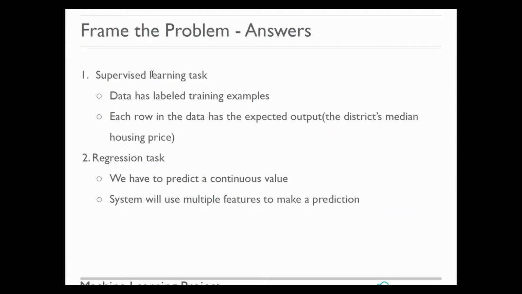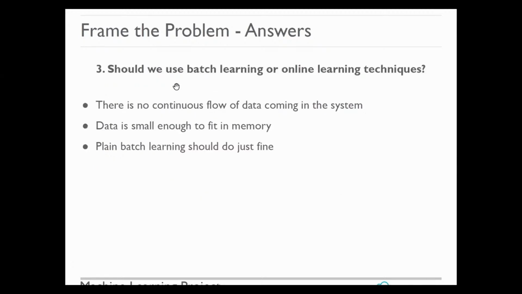So in this problem we are doing supervised learning because we already have the label data, and we are solving a regression task because we are predicting a real valued output. Since we already have all the data, we are using batch learning.